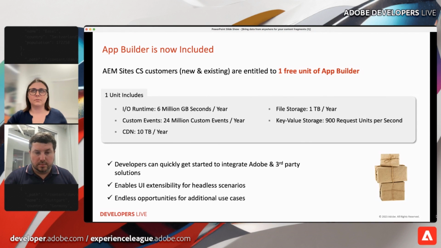Let's see. We also had one around content fragment. Is the UI extensibility exclusive for customers of Sites as a Cloud Service? That was answered in chat as well, and the answer is yes.